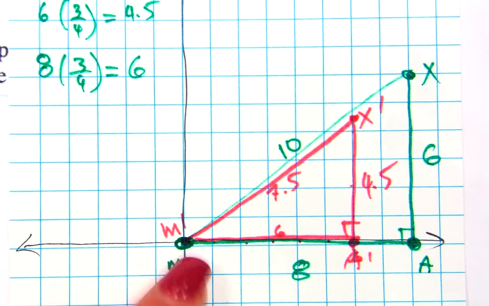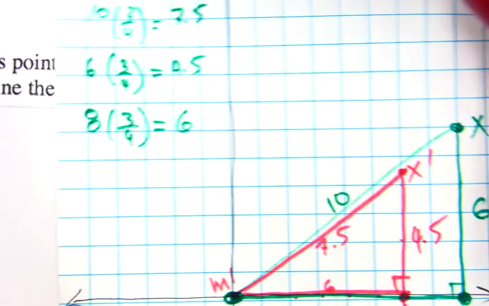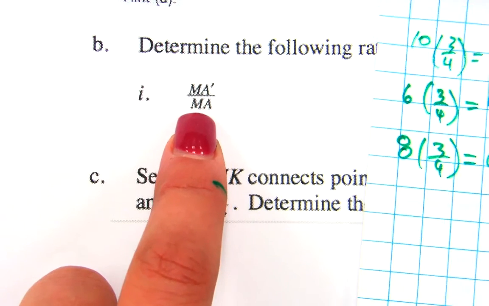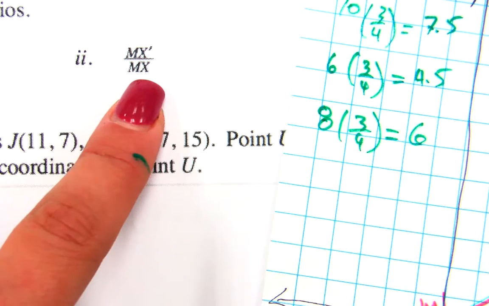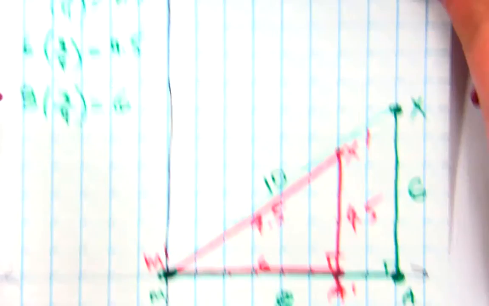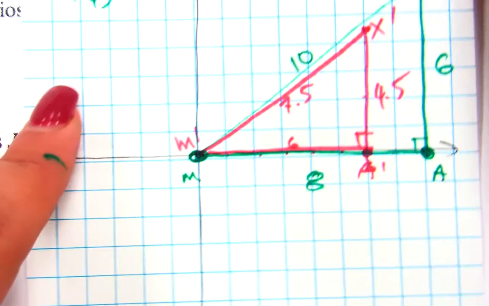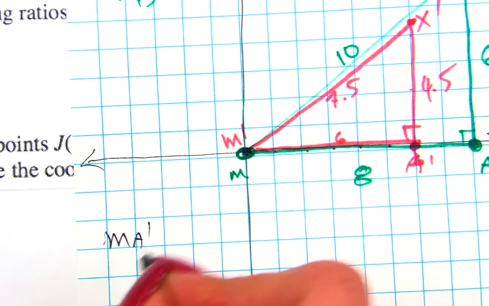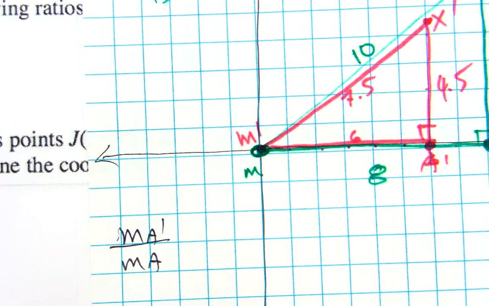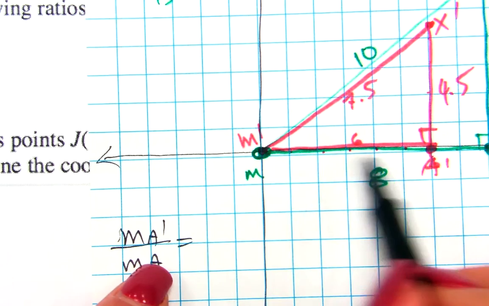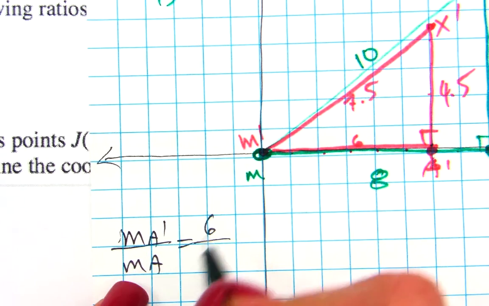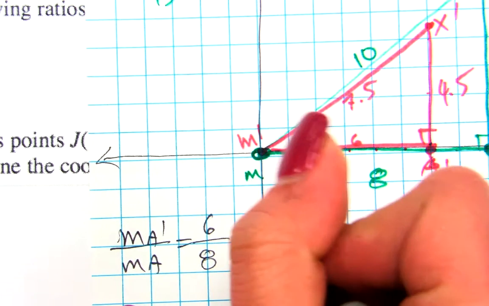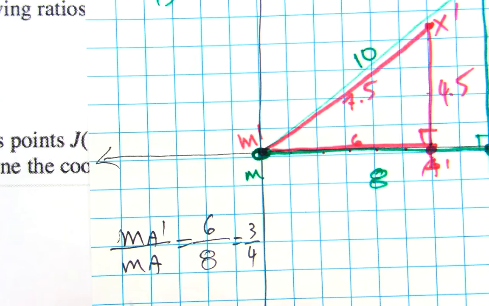Okay, the next thing it says to do is determine the following ratios: MA prime over MA, and then MX prime over MX. So MA prime over MA: MA prime is 6, MA is 8, so there's your 3/4.